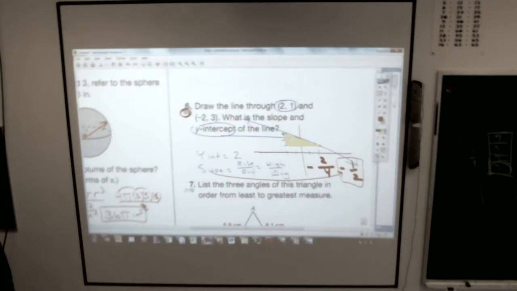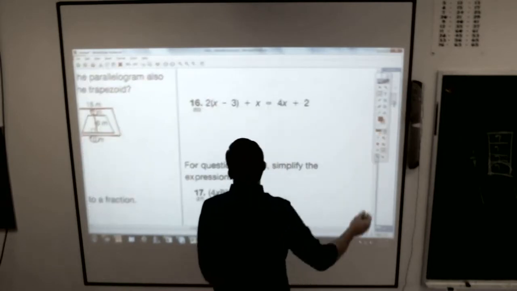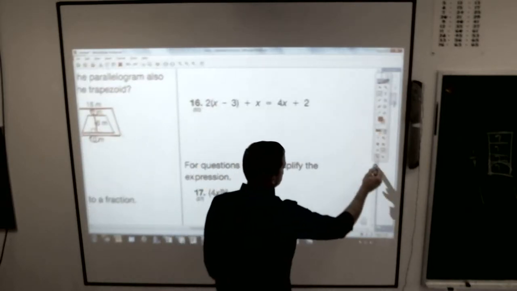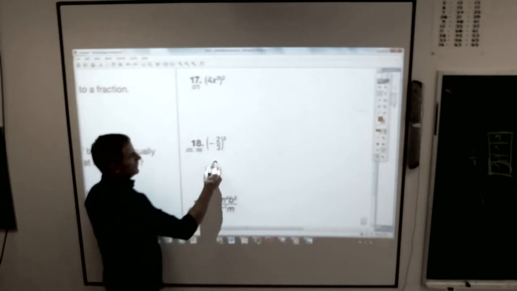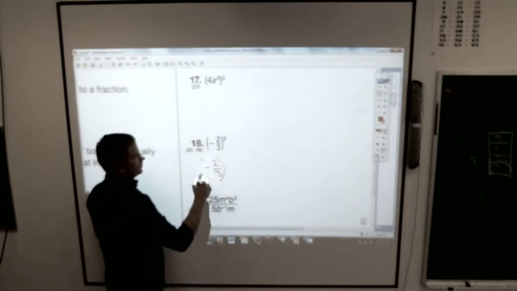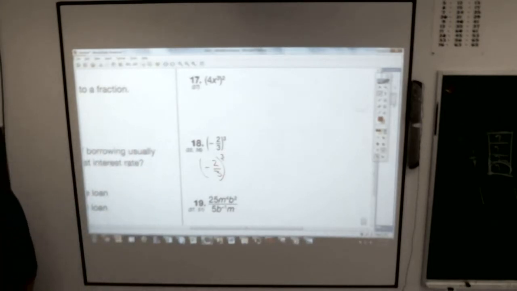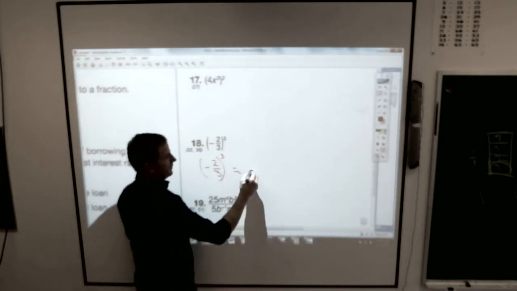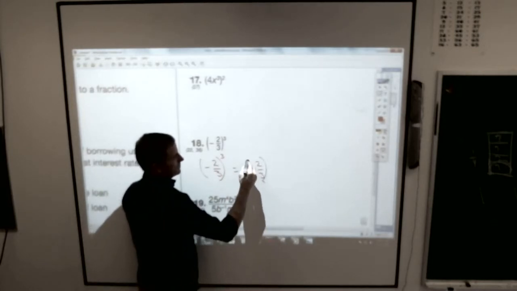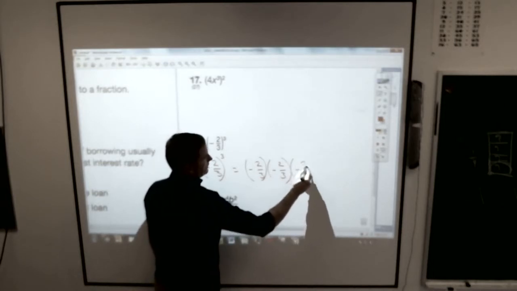Winkleman, how do you do number 18? Oh, my second one. Negative 2/3 cubed. It's not a negative exponent. You don't be flipping anything over. Negative 2/3 cubed just means that you have negative 2/3 times negative 2/3 times negative 2/3.